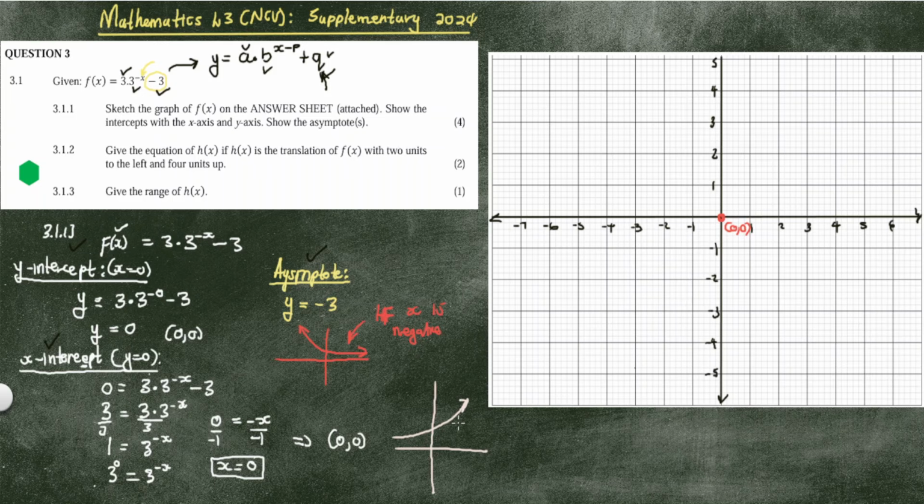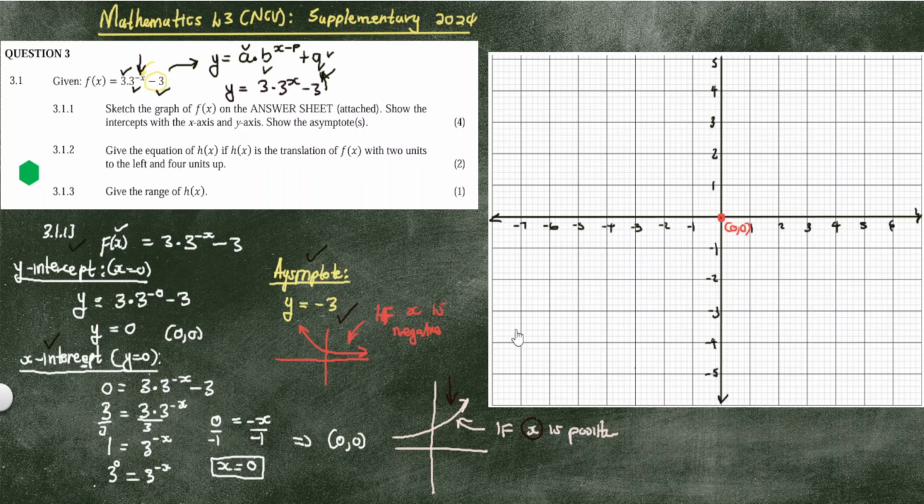Here, our x is negative, so our graph is going to look like this. If x was positive, say it was something like y equal to 3 times 3 to the x minus 3, then our graph would look something like that.